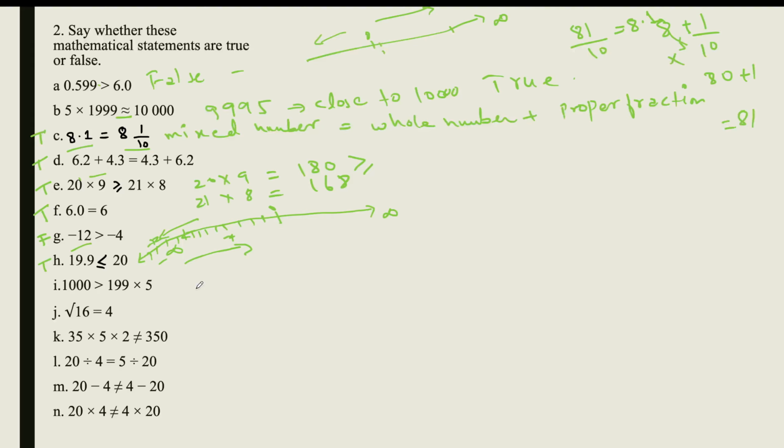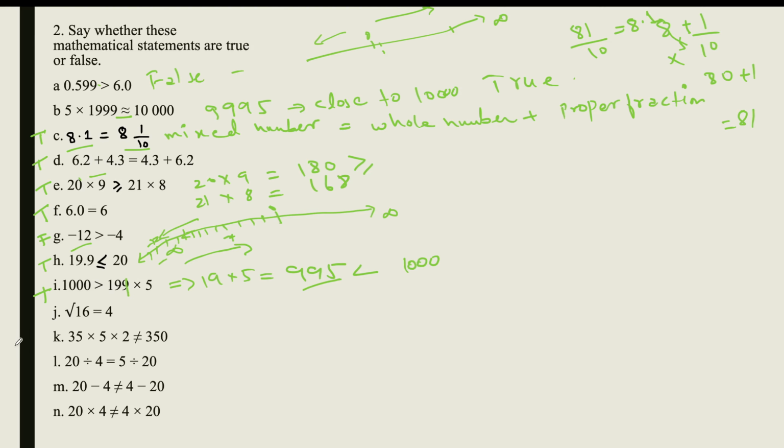So in here what we do is that 19 multiplied by 5 is equal to 995, and 995 is less than 1000. Therefore if we say that 1000 is greater than 19 multiplied by 5, then that is true. And in here this is 19, not 199.